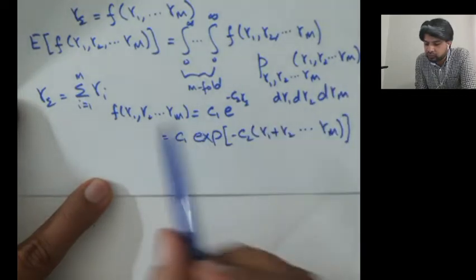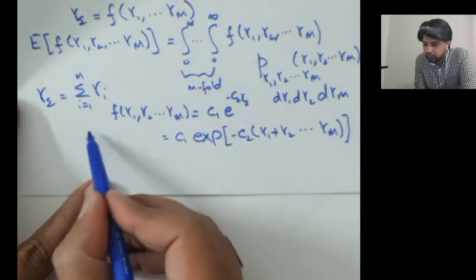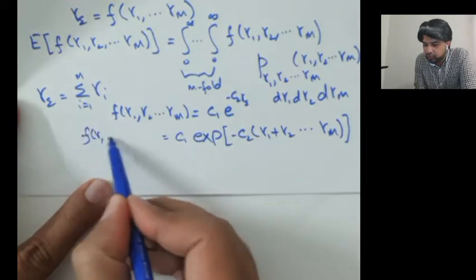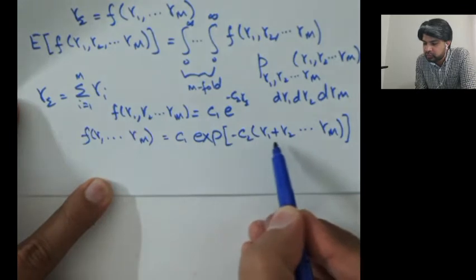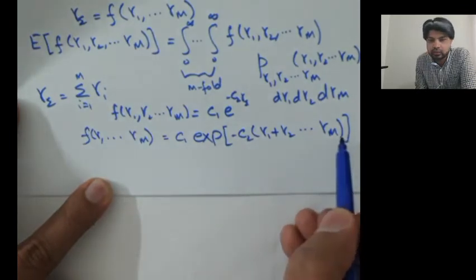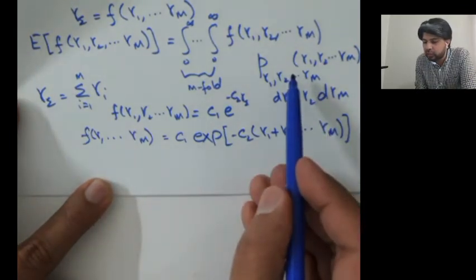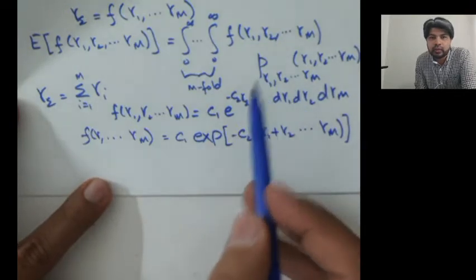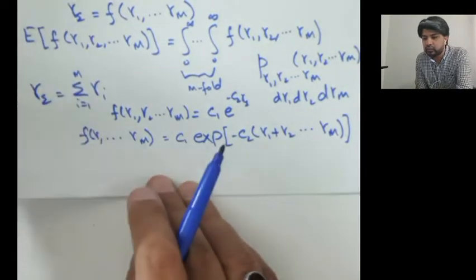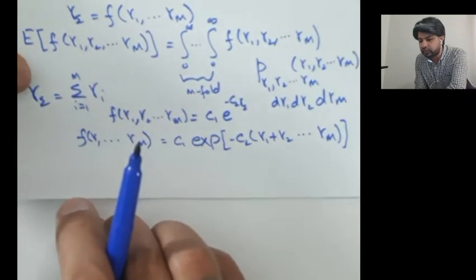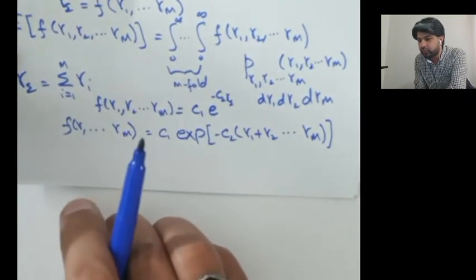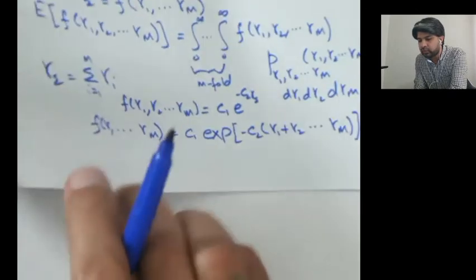So using these two facts, first that f of gamma_1 all the way to gamma_M is nothing but C1 e to the power minus C2 times the sum of these random variables, and second that the joint distribution is the product of the marginal distributions, you can compute this expected value which we are trying to compute. Let's see how it simplifies things.